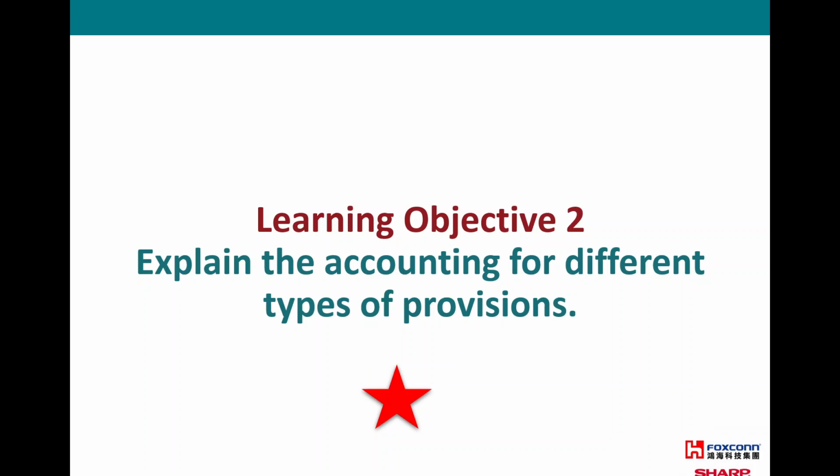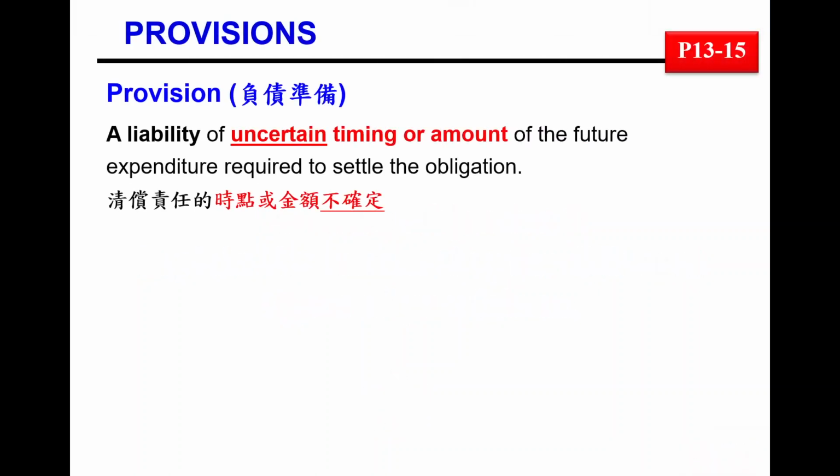Right now, we talk about the second one, provisions. On your slide 73, provisions, 负债准备, what does it mean? It means even though this is a liability, there is some uncertainty.